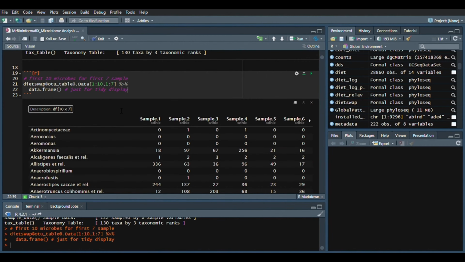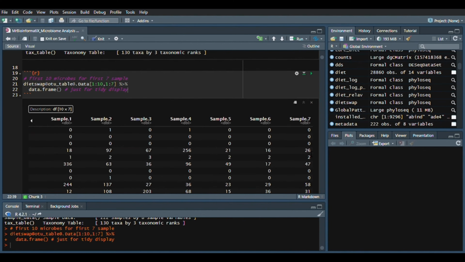And for example, the OTU here, Akkermansia, shows counts of 18, 97, 67, 256, 21, 16, and then 26.